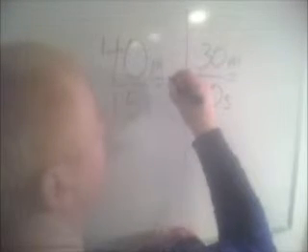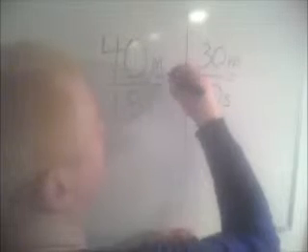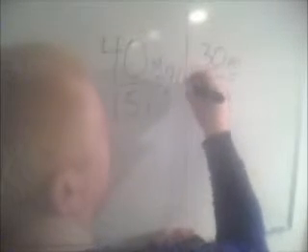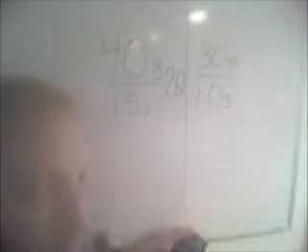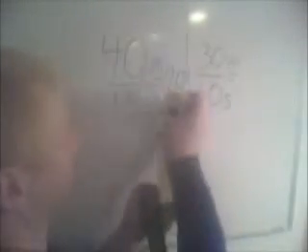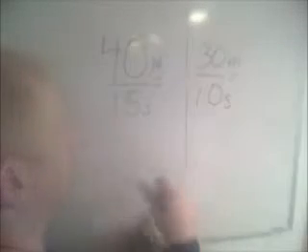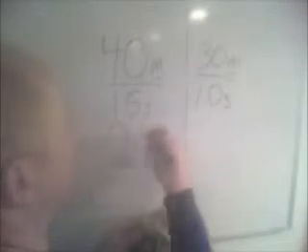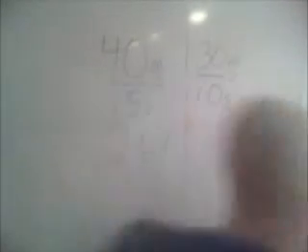40 divided by 15 is 2.667. I know that might be difficult to see. Here, it's equal to this. Let's put the answer down here. 2.67.